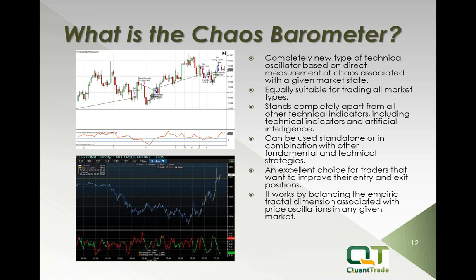In a nutshell, it's a completely new type of technical indicator. It directly measures chaos in a given market state. It uses a combination of various mathematical analysis tools, including the Lyapunov exponent, and also a balance of empiric fractal dimensions that are associated with the price oscillations of any given market that we're running it on.